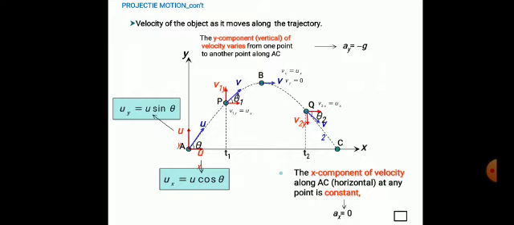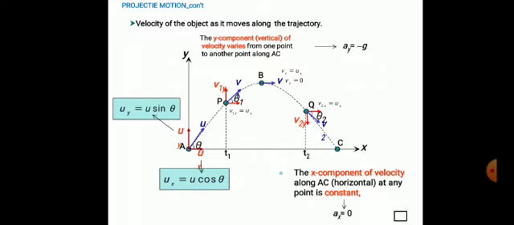At point A, the velocity components are written as ux and uy, just like in chapter 1. So ux is the component of velocity along the x direction, and uy is the velocity component along the y-axis.